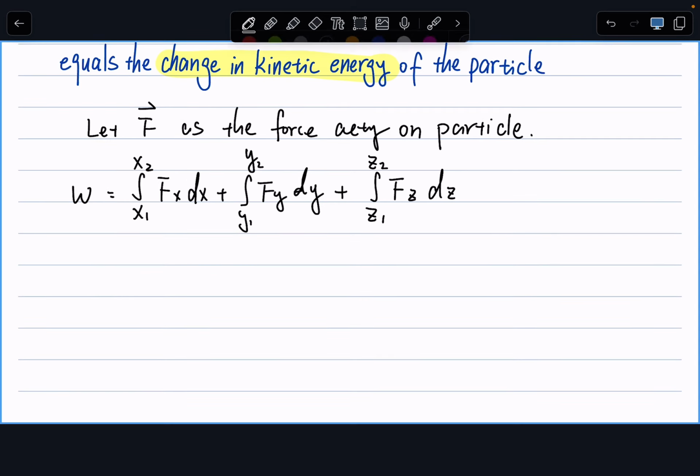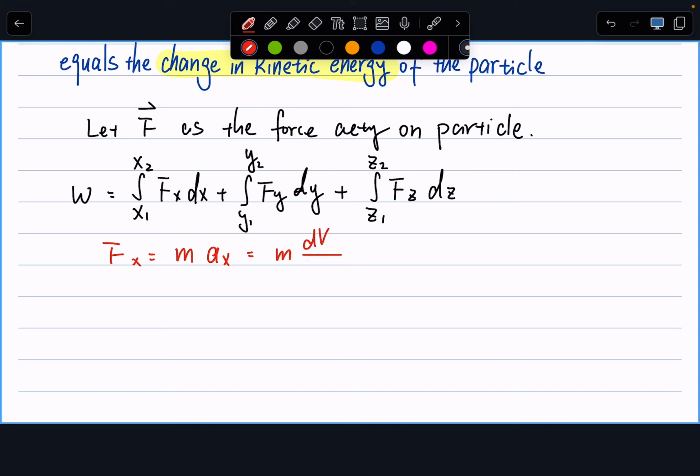Now, what we know from Newton's law is that Fx equals m ax, so F equals ma along the direction of x. In this case, we can rewrite that as m times the change of velocity in direction x over t, which equals m times dvx/dx times dx/dt.